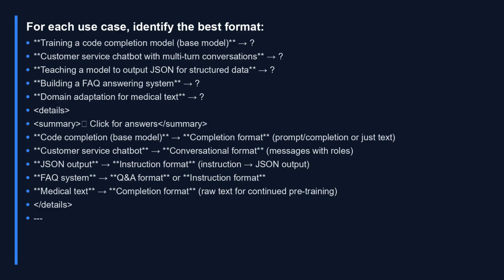A FAQ answering system works with either Q&A format or instruction format depending on your preference. Medical domain adaptation uses the completion format with raw text. You're doing continued pre-training to absorb domain vocabulary and reasoning patterns, not teaching the model to follow instructions.